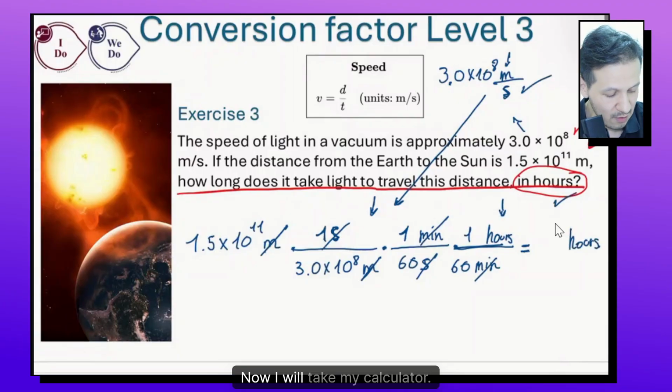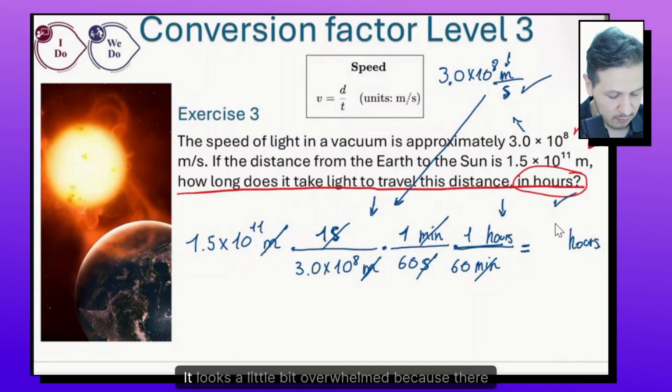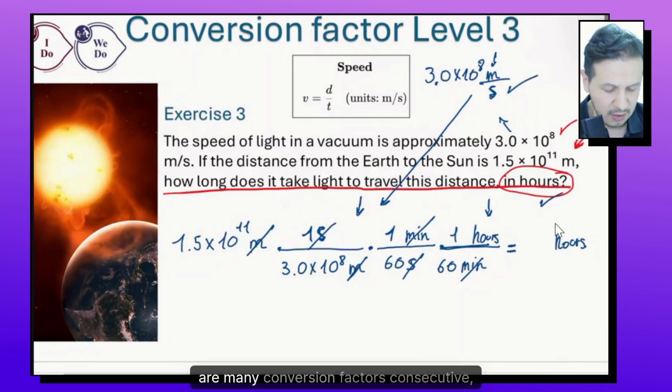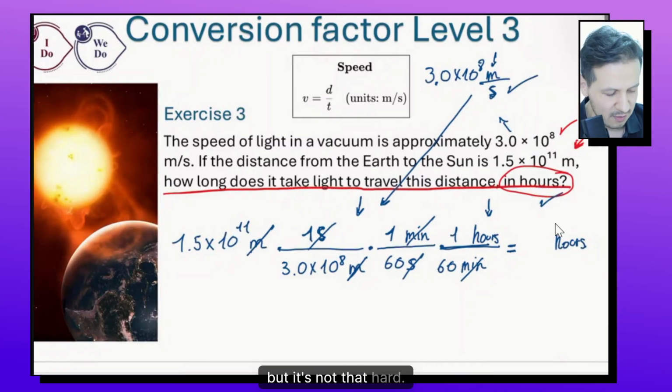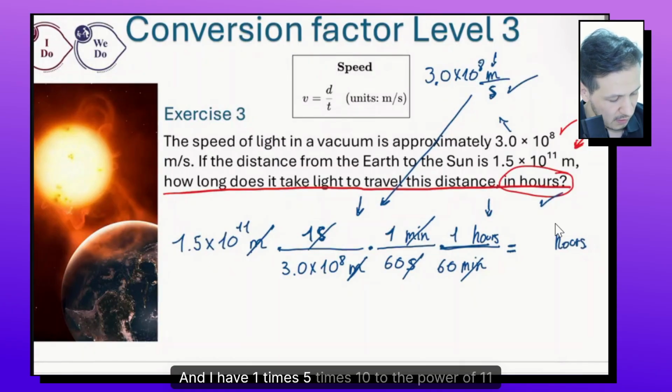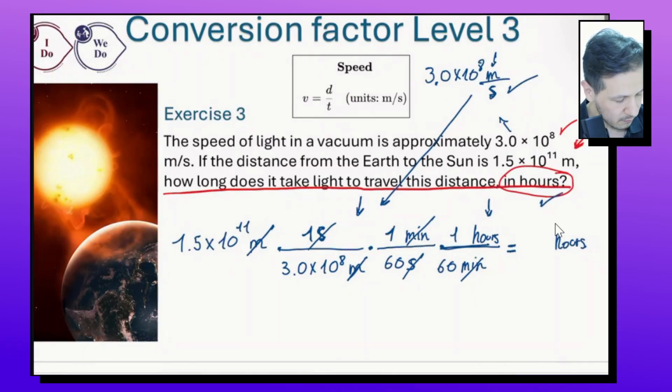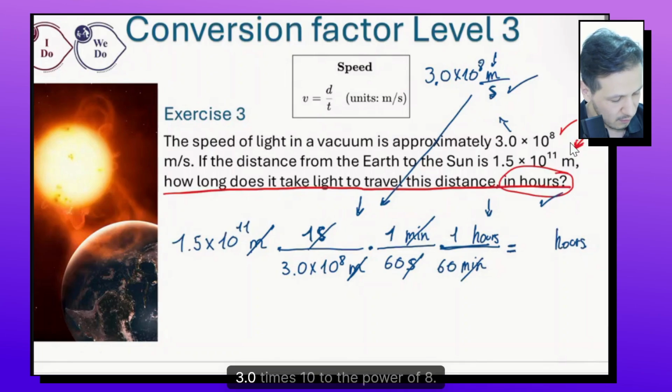That's good. Now I will take my calculator. It looks a little bit overwhelming because there are many consecutive conversion factors, but it's not that hard. So I use my calculator, and I have 1 times 5 times 10 to the power of 11 times 1, which is the same number, divided by 3.0 times 10 to the power of 8. And I have a number.